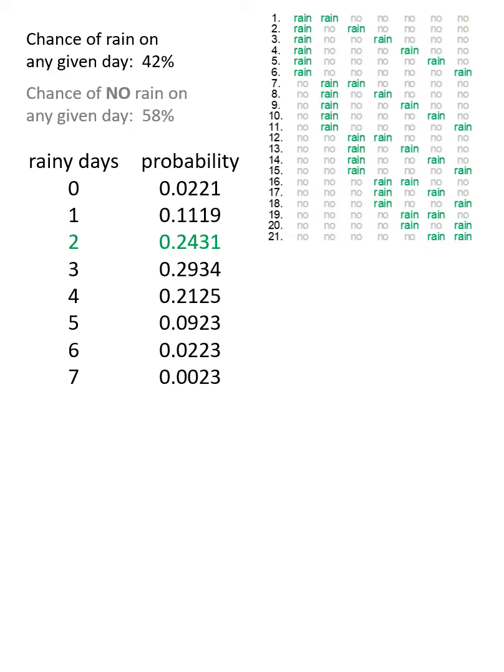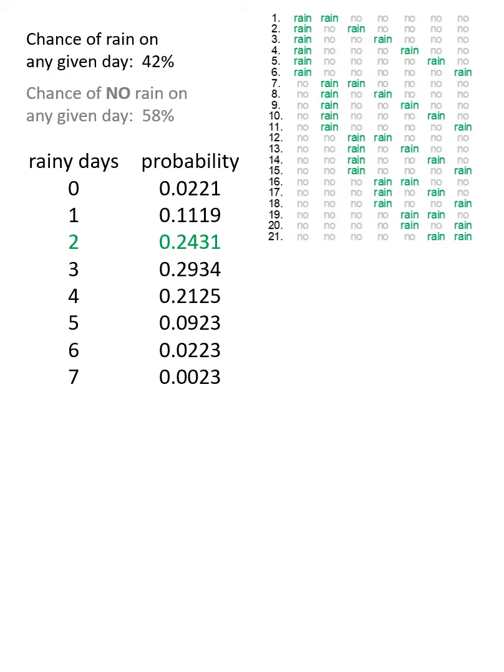But just to give you an example, line 1 represents the scenario that there's rain on Sunday and Monday and no rain the rest of the week. Or line 14, for example. Line 14 represents rain only on Tuesday and Friday.